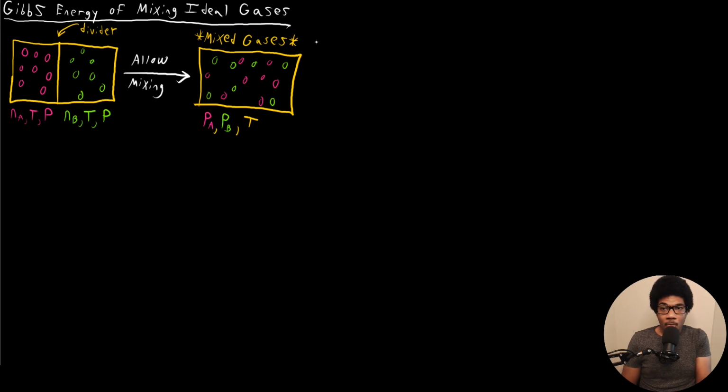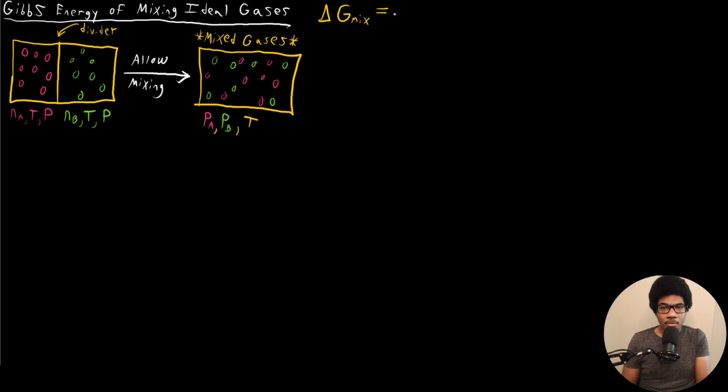Right. So the idea here is that we want to be able to define a Gibbs energy associated with the process of mixing gases together. The big picture is that we want to define a delta G for mixing.